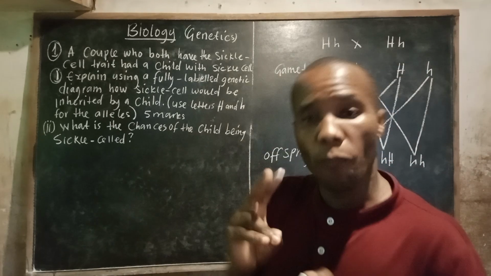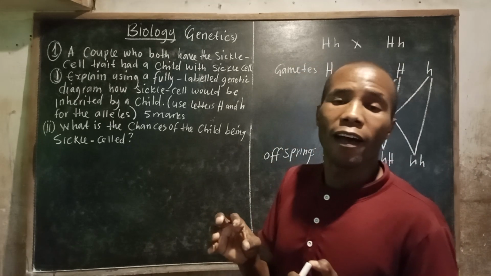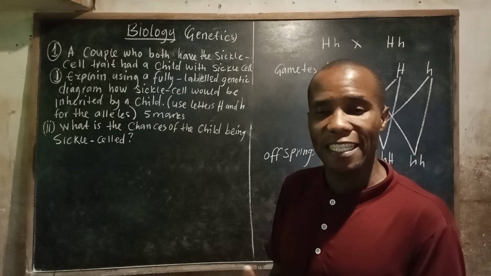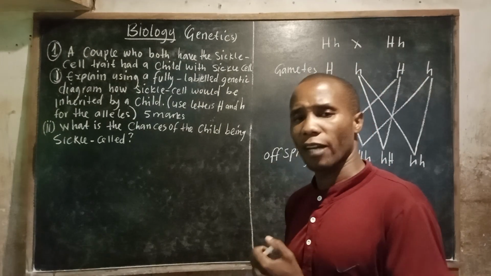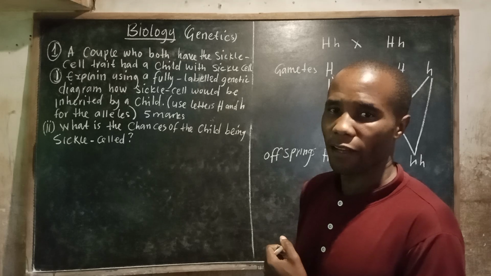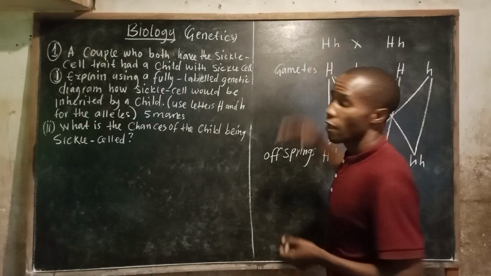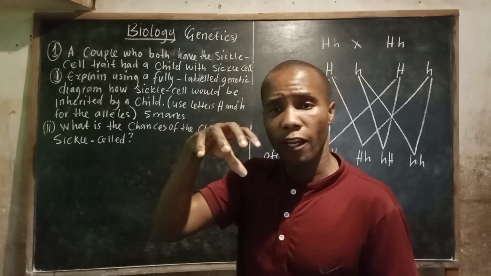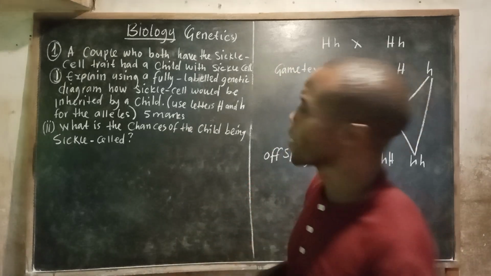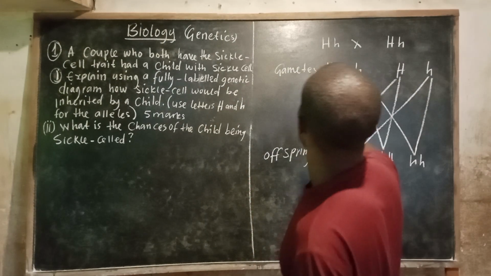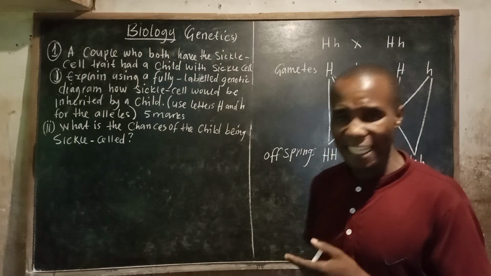So these two parents were unable to tell that they had sickle cell. Why? Because sickle cell was hidden by the dominant gene. The gene which physically appears in a human being is the one which is dominant, so the recessive gene was hidden.